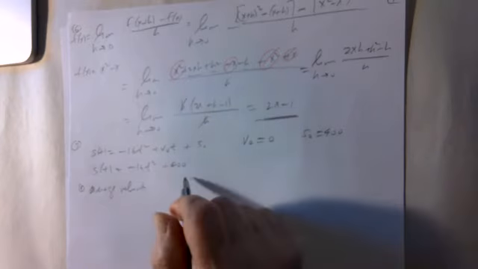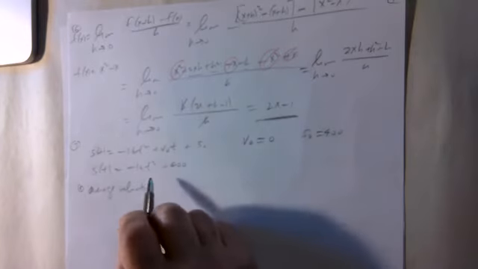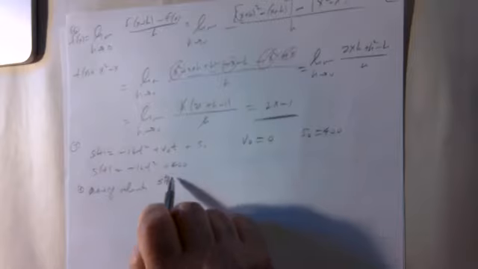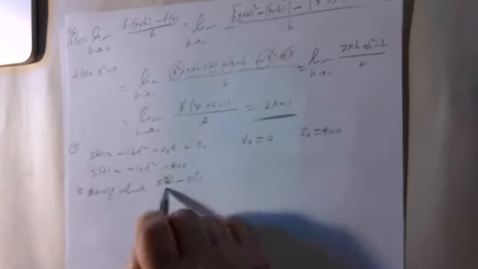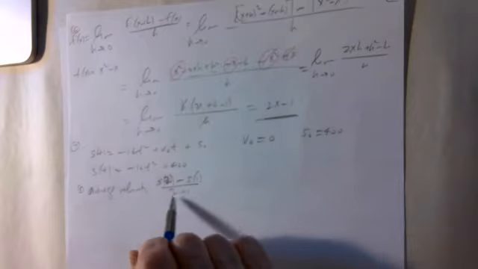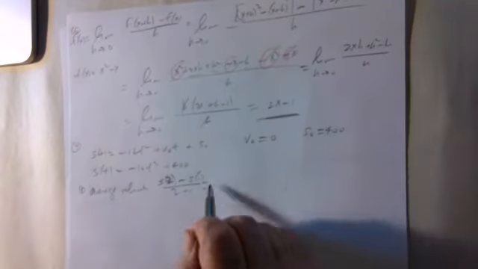To find the average velocity on the time interval from 1 to 2, that's the position at time 2 minus the position at time 1, over 2 minus 1. This is the change in position over the change in time. What is s of 2?